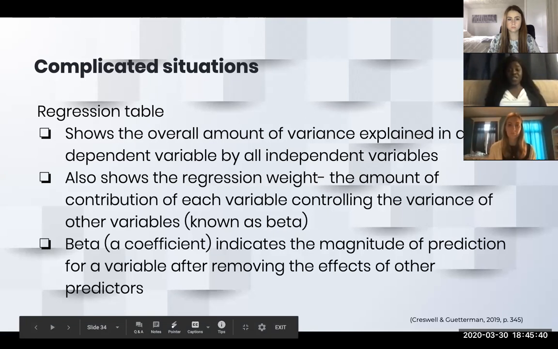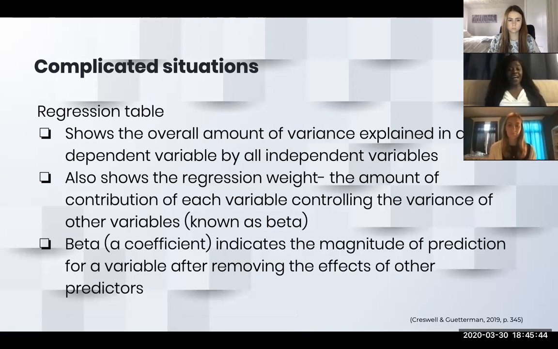Complicated situations. So if things aren't already a little bit complicated enough in terms of adding on all of these independent variables, regression tables are also used in correlational research. What regression tables do is show the overall amount of variance explained in a dependent variable by all of the independent variables.